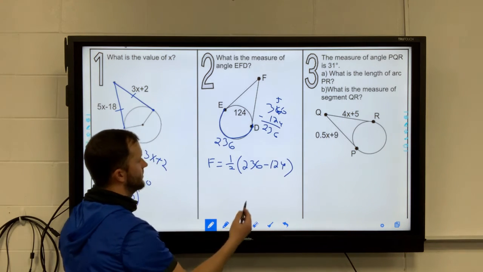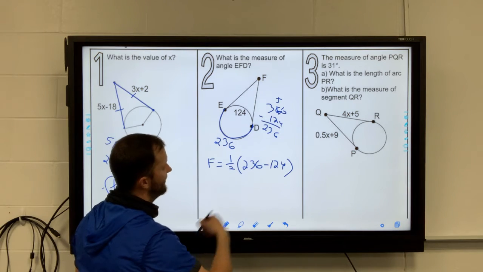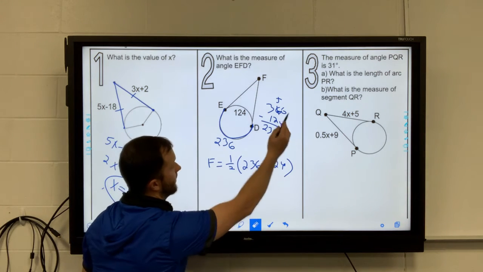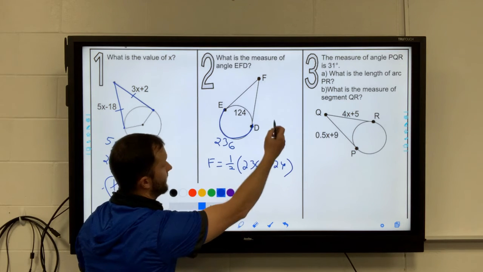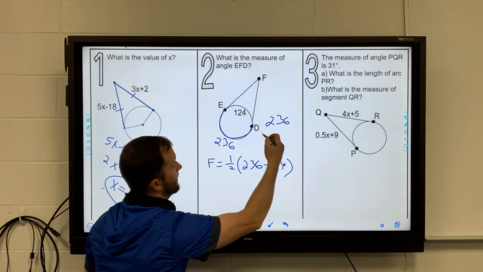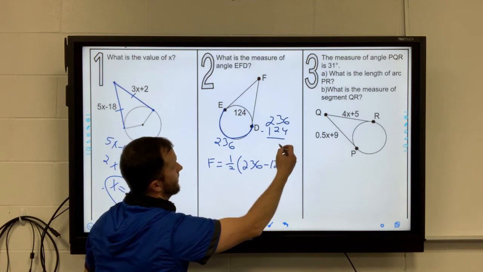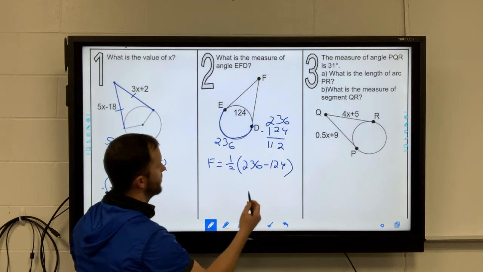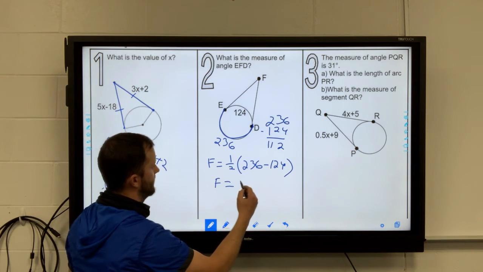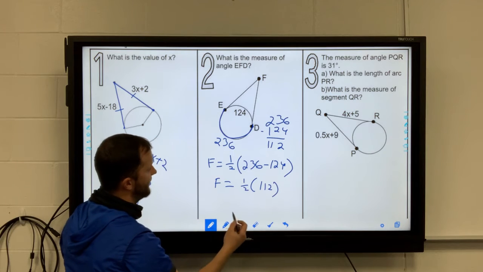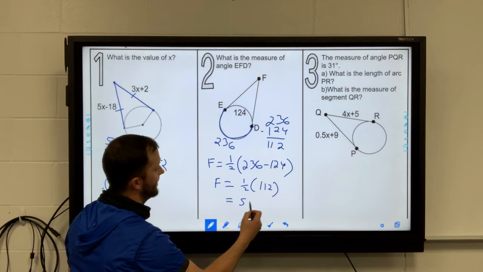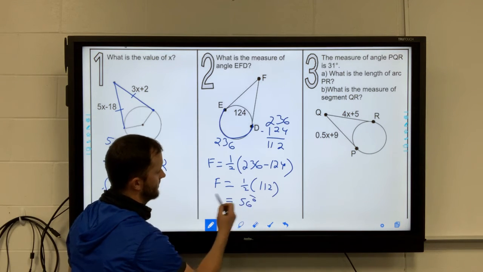Okay? So right now, 236 minus 124 is 112. And then I'm going to take half of 112, which is going to give me 56 degrees.